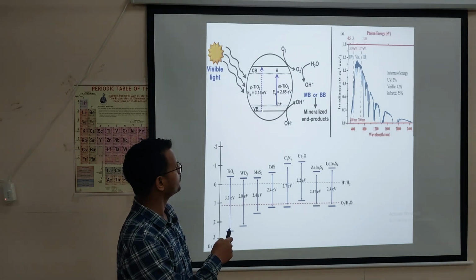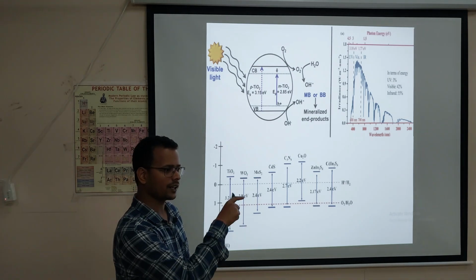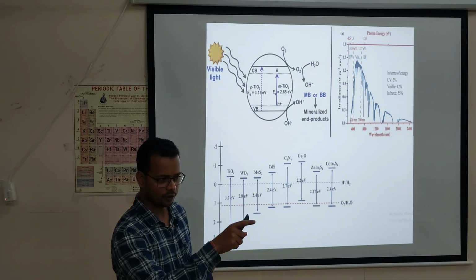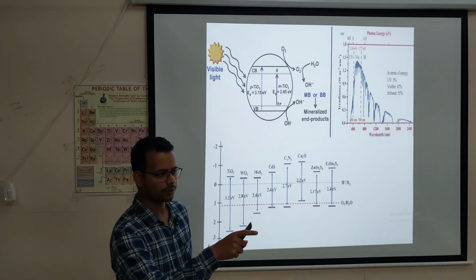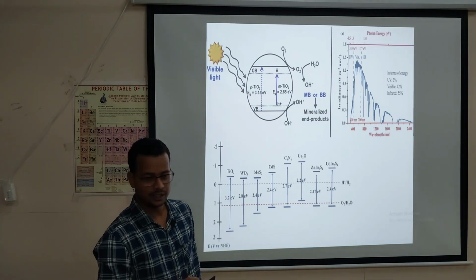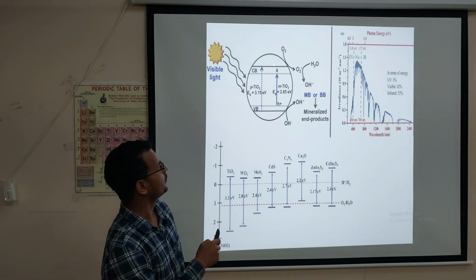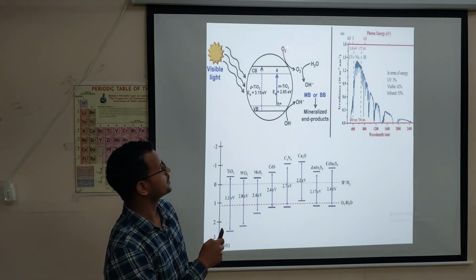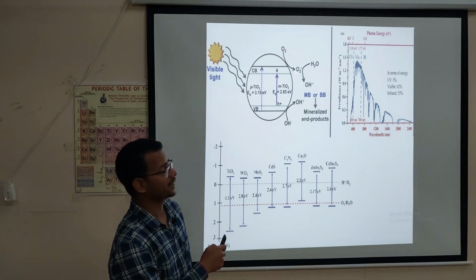If an electron moves from here, it creates a hole. We can use both the electron and the hole, because a hole can trap an electron from any other reacting material, and an electron can move to any other. If an electron is there, it can convert oxygen to superoxide radical.